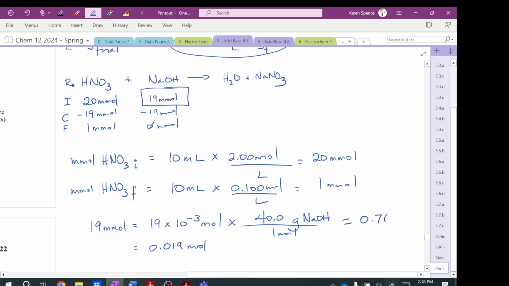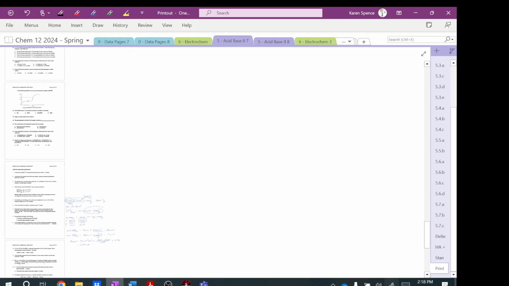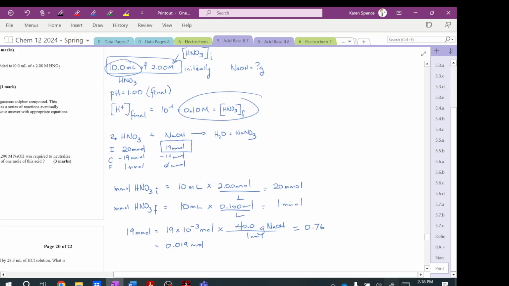That gives 0.76. And then I would go back and look at all of my sig figs. I have 2 sig figs here, which gives me 2 sig figs here, which gives me 1.0.